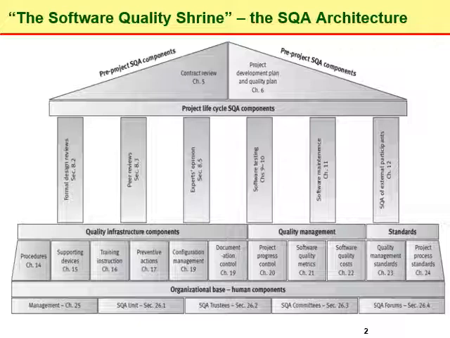So the SQA components used during the operation and maintenance phase, they include specialized components as well as development lifecycle components. Then the third component here is quality infrastructure components.